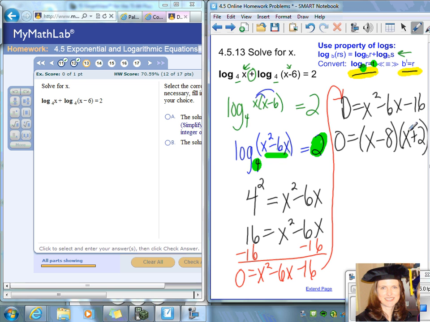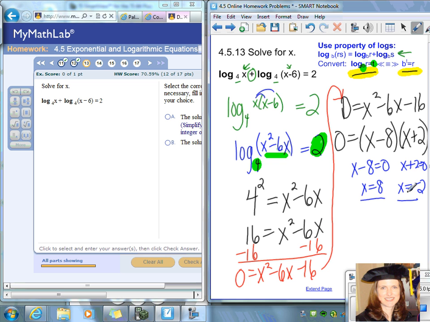You can check that those two factors, when you use FOIL, simplify to this. Now using the zero product property, set each factor equal to 0. If x minus 8 equals 0, you get x equals 8. If x plus 2 equals 0, you get x equals negative 2.